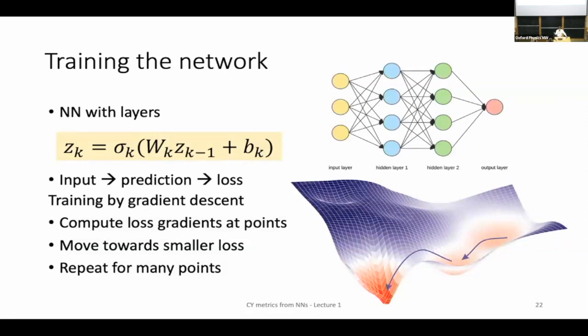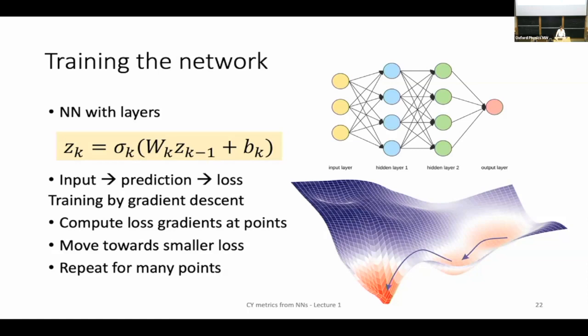Here I just have a little recap of what it is that we do. So we have our neural network, which has these layers, where given an input, we're computing data at the next layer. And this includes these weights and biases, which is the linear transformation of the data from one layer to another.